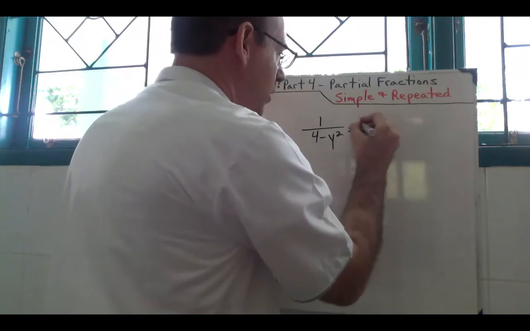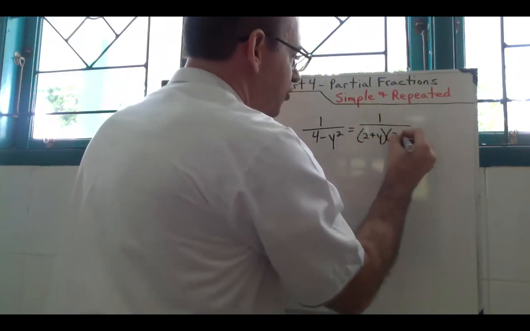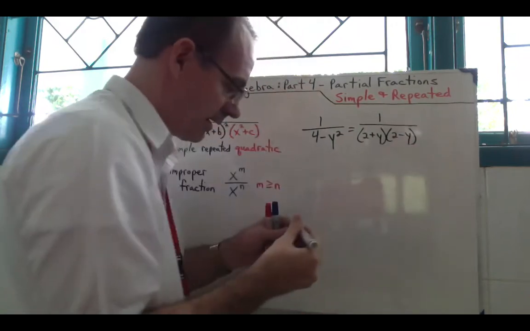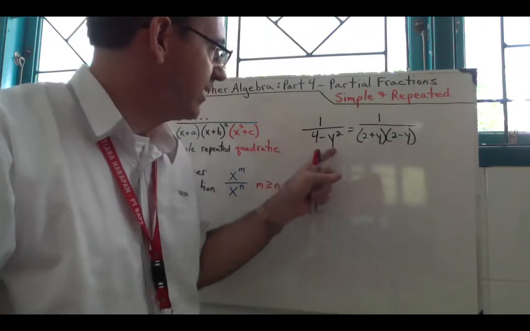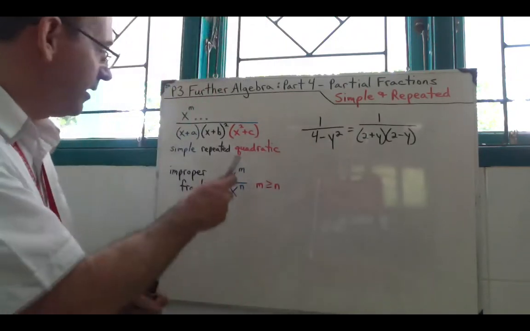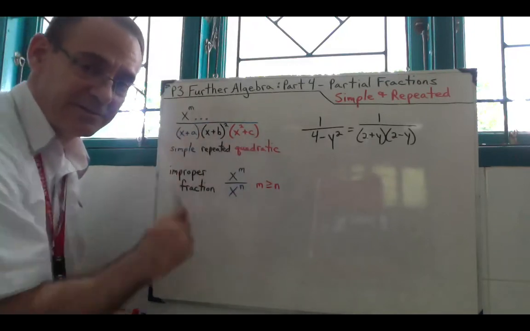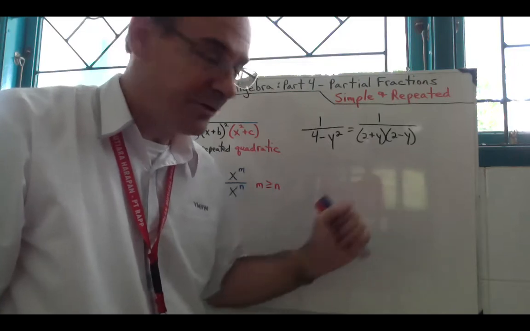And so this would be 1/((2 plus y)(2 minus y)). Okay, you should recognize that as a difference of squares. You should recognize this was in polynomial form, not factored form. You're looking for factors. So you need it to be factored.